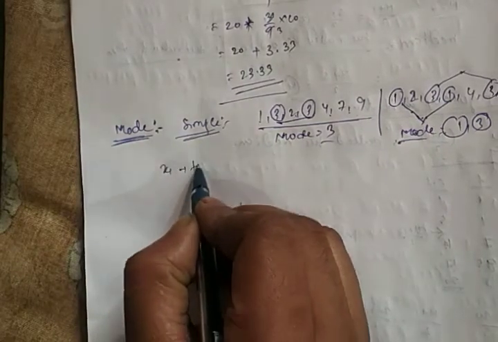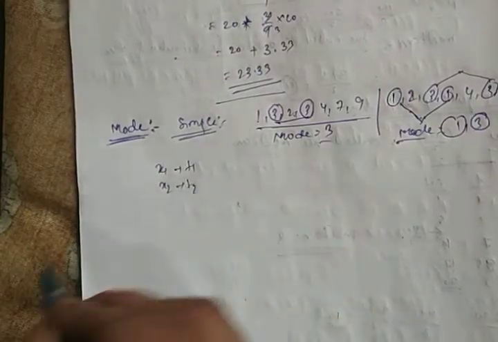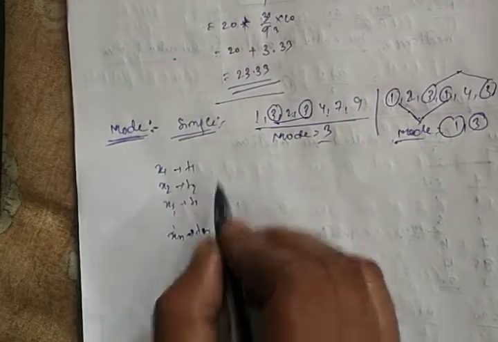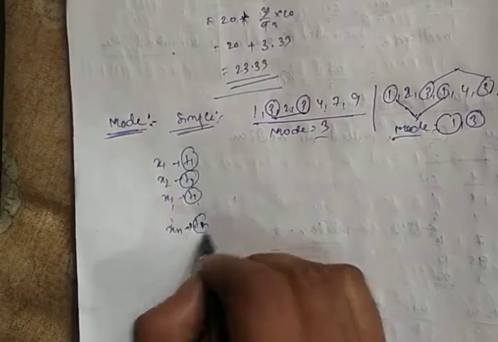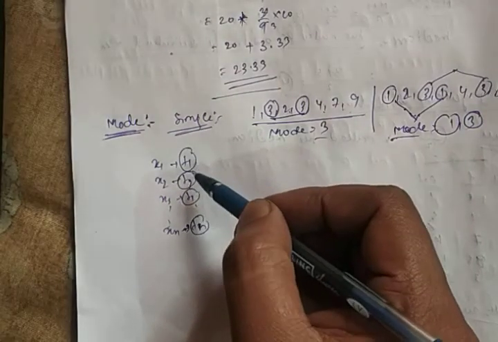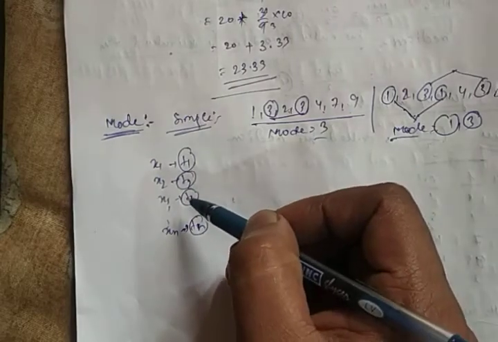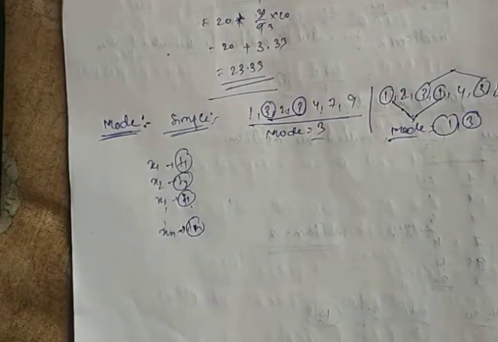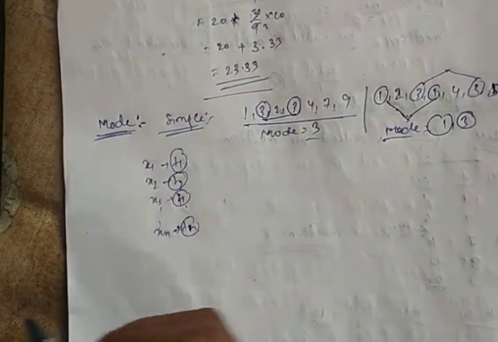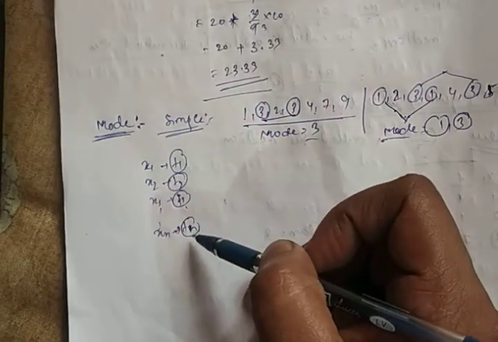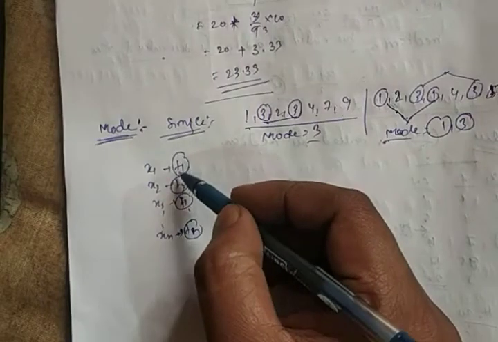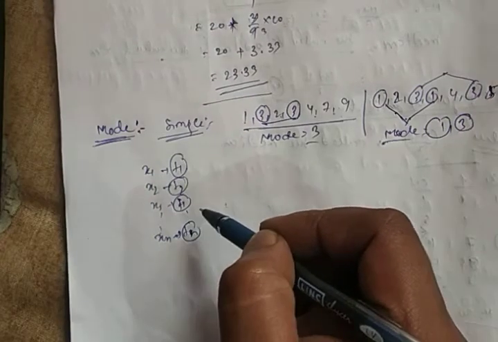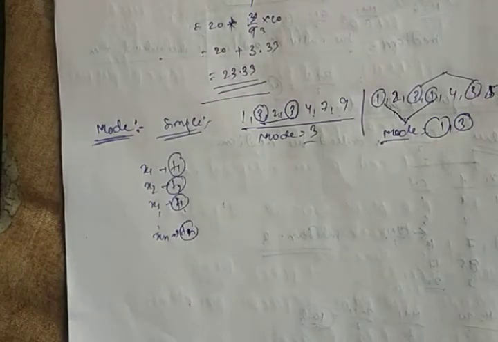As x1 has frequency f1, x2 has frequency f2, x3 has f3, up to xn, you just have to observe which frequency is greatest, f1 or f2, which occurs the most times. The value corresponding to the highest frequency among f1, f2, f3, fn is the mode.